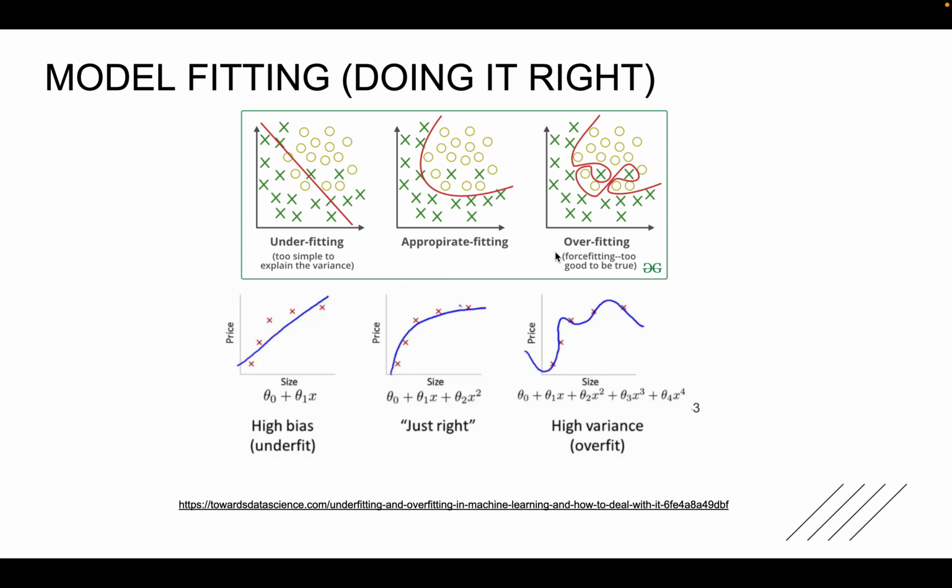And if you add too many layers in your architecture, so if you have a lot of parameters, or you train too much, so that means you change the weights and biases too much, you end up with a model that overfits the data.